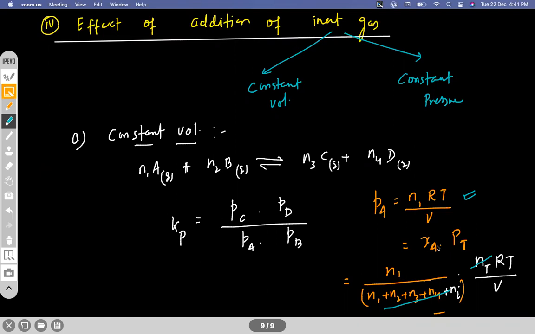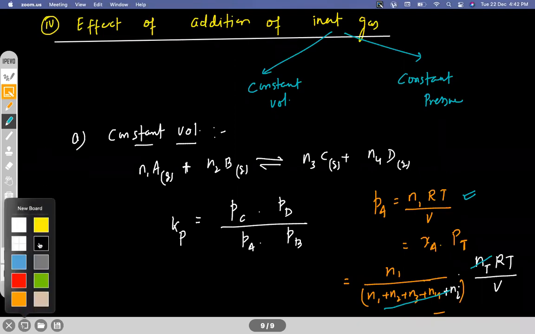Done. Since the partial pressure is unchanged, there's no change in the partial pressure. Okay. So this happens at constant volume. There is no effect.